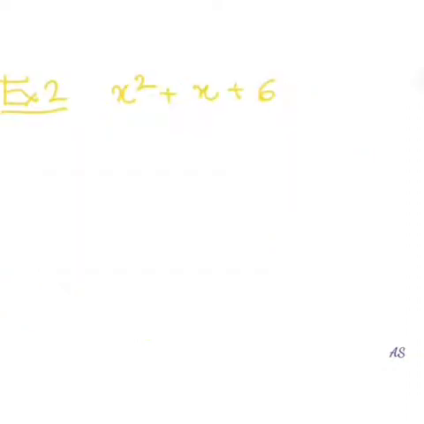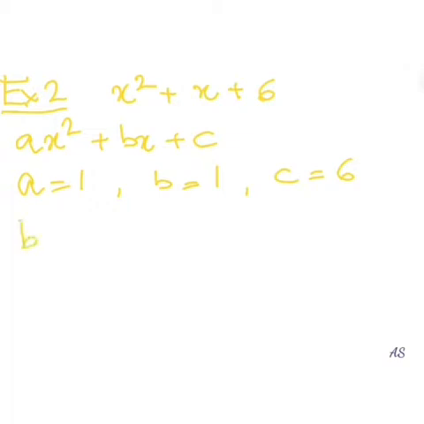Now let's take another example. X square plus x plus 6. When we compare with the general equation ax square plus bx plus c, we get the value of a as 1, b as 1, and c as 6. So first we check whether b square minus 4ac is a perfect square or not.